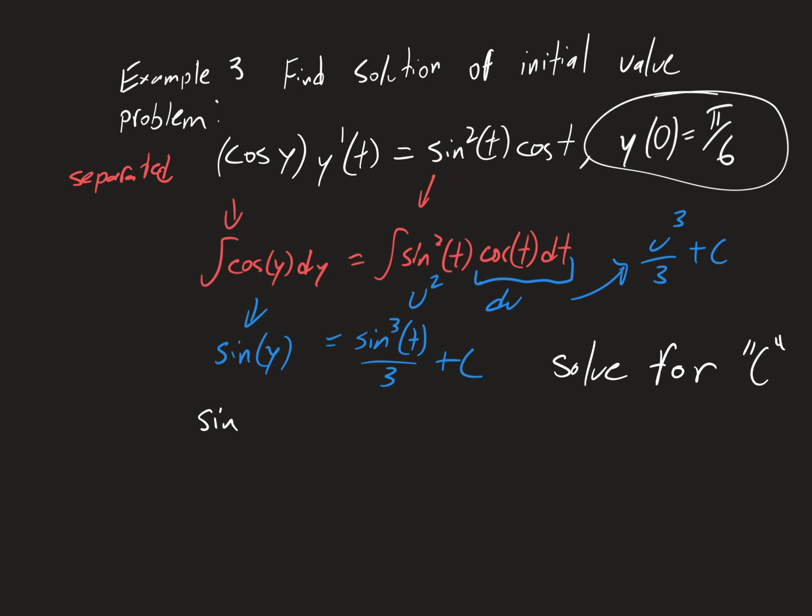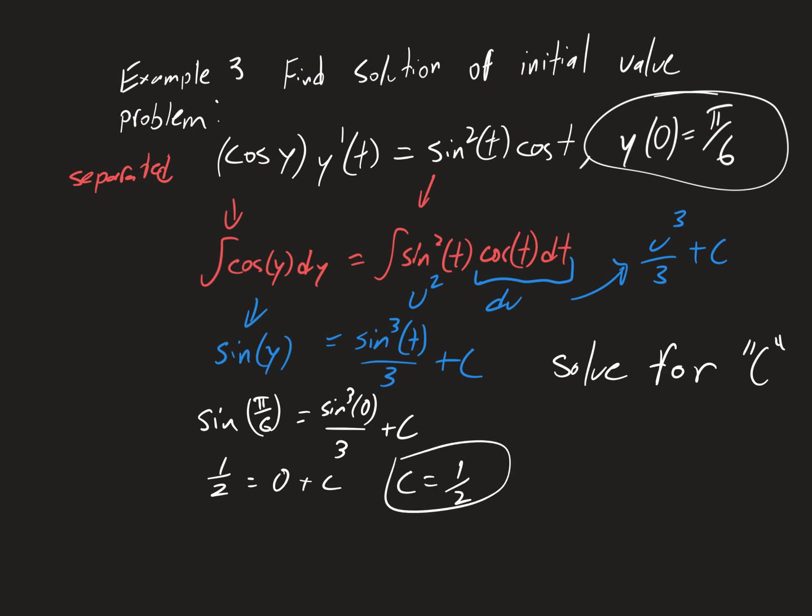So sine of pi over 6 equals sine cubed 0 over 3 plus c. Okay, we get 1/2 equals 0 plus c, so c equals 1/2. Okay, and my specific solution using this is going to be the same equation just filled in with that c value.